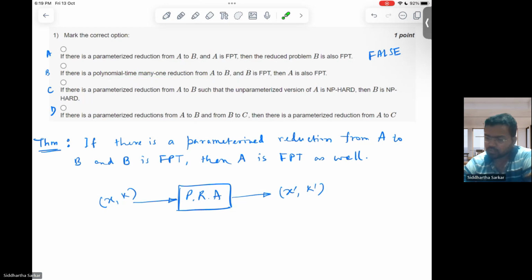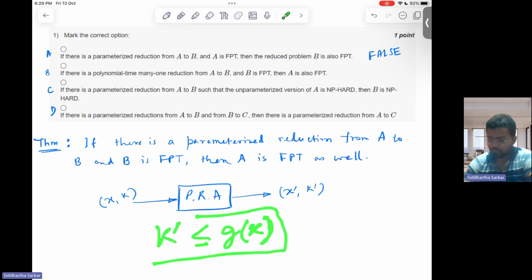But the parameterized reduction is different from the standard reduction because we have these additional conditions that the reduction should respect. For example, the size of the new parameter k dash should be bounded by some computable function g of the size of the original parameter. These kind of things may not hold.